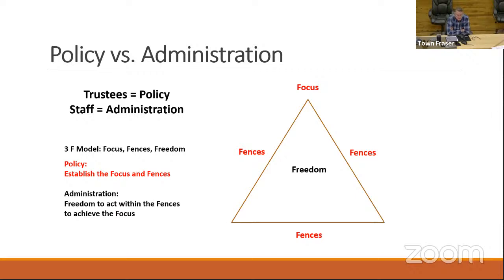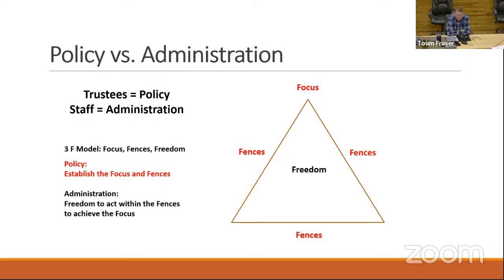But they also can establish the fences through policy. One of the fences could be your budget, which is one of the major policy documents of the town of Fraser and of the Board of Trustees. Those become the limits within which you shape your administrative role to achieve that objective.